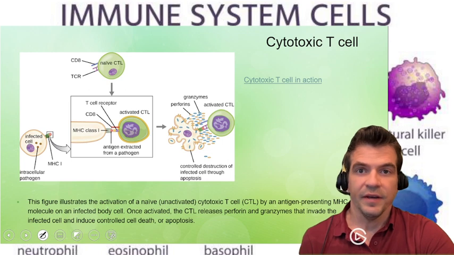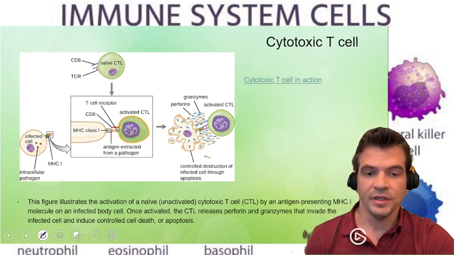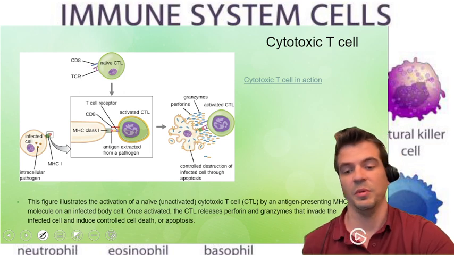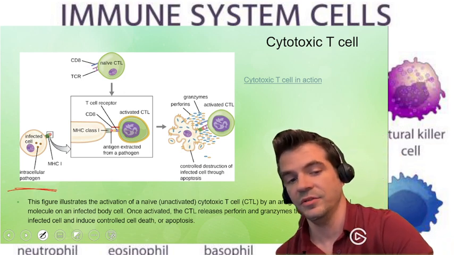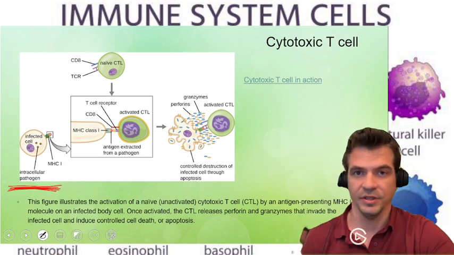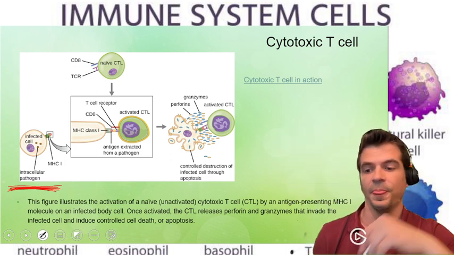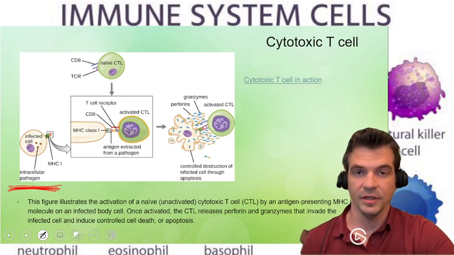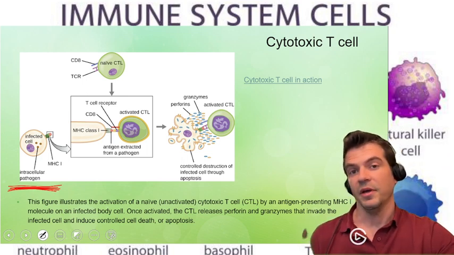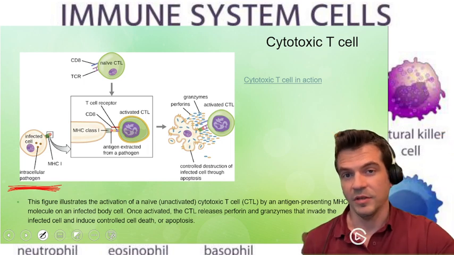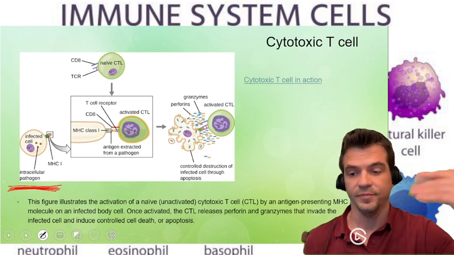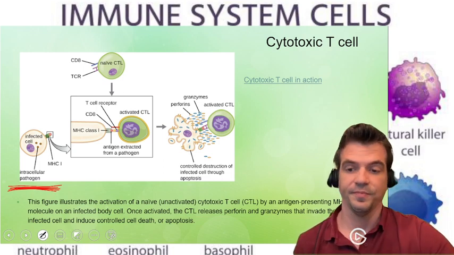We also have the cytotoxic T cell version, and how we activate those is very similar. Remember, this is for nucleated cells. Here, instead of a dendritic cell presenting the antigen, the infected cell presents the antigen. It's like, hey, I'm sick, my proteins and functions are all out of whack. Here's an antigen.